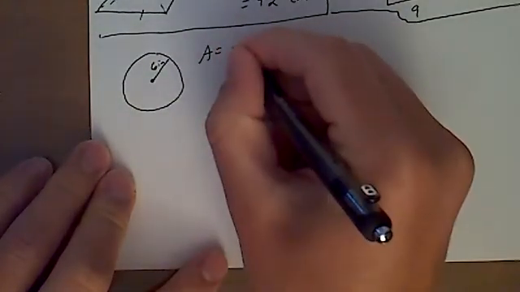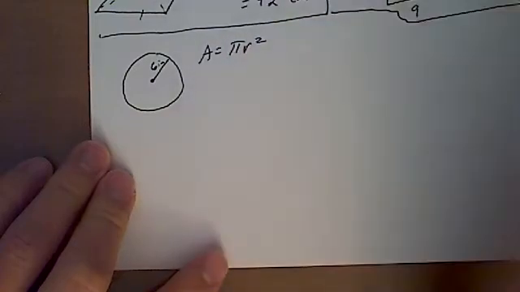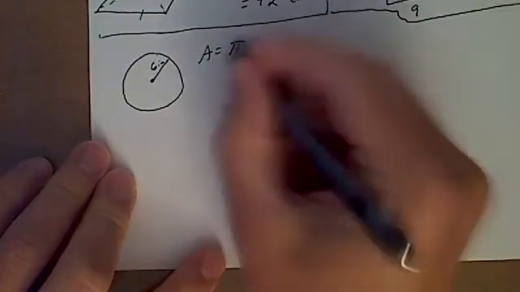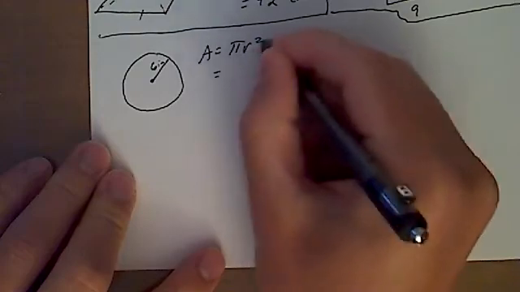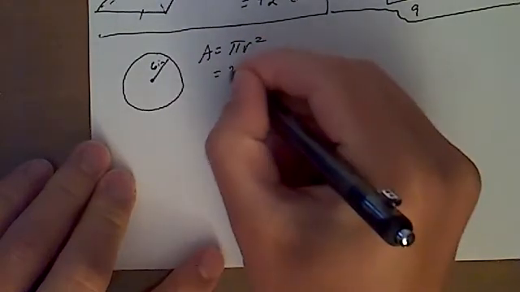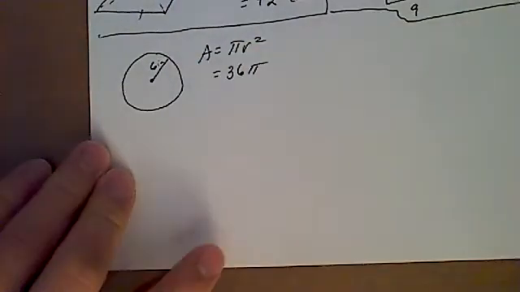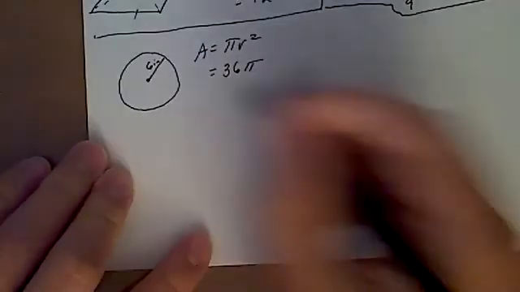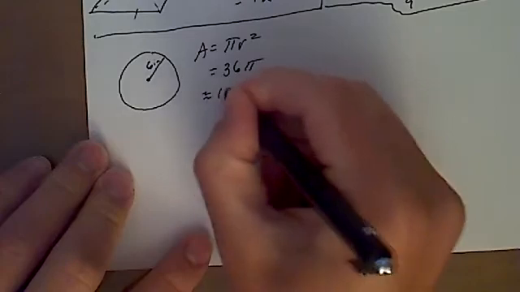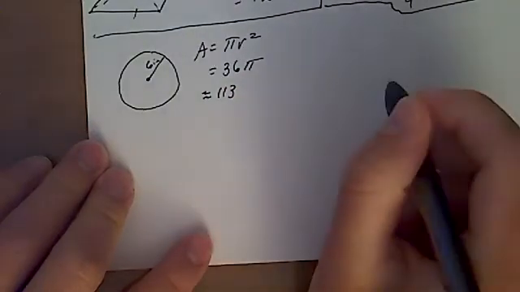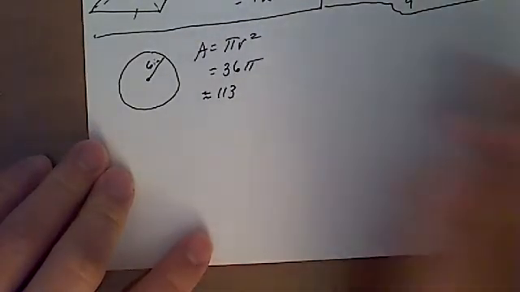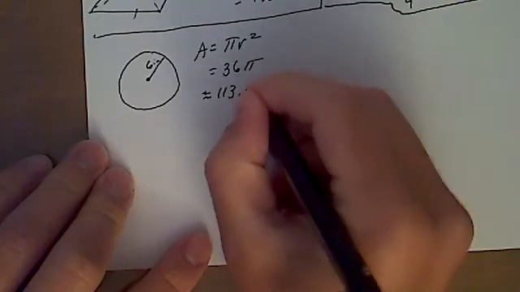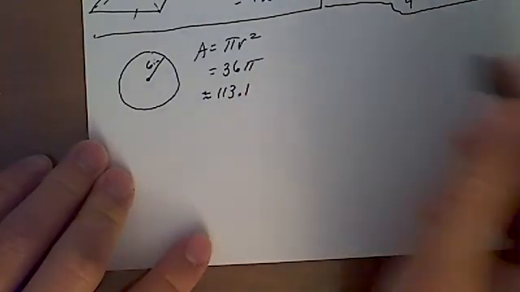Area for a circle is pi r squared. That's 6 squared, right? That's our radius, so this is 36 pi. For your answers, you will always give it as a decimal. So 113.09, you're rounding to the 10th, so 0.09 does round to 1.